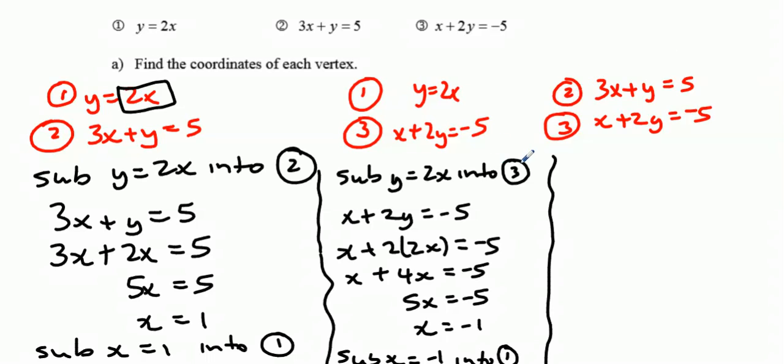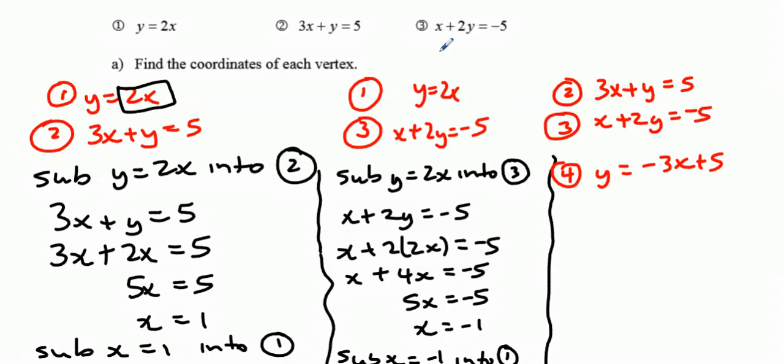Now this one's a problem because I don't have anything isolated, so I'm going to have to go ahead and make a fourth equation here by isolating one of the variables. You could either isolate the x in this equation or the y in this equation. So I think it's smarter to do the y up here. Well, actually, it really doesn't matter. So there's our new equation.